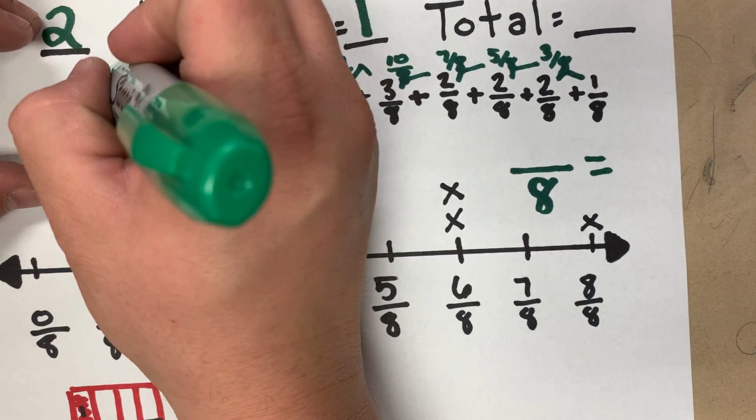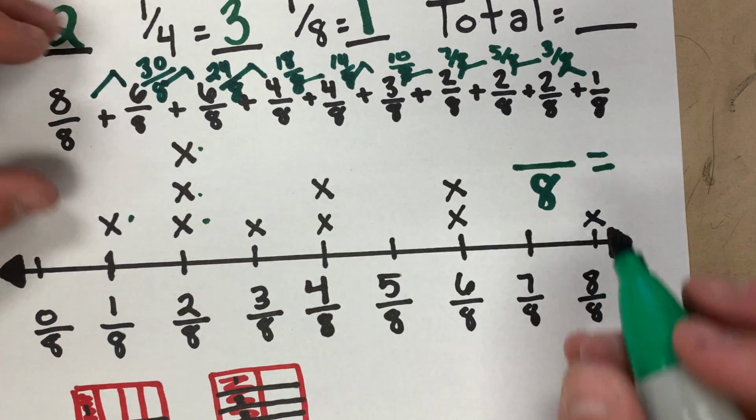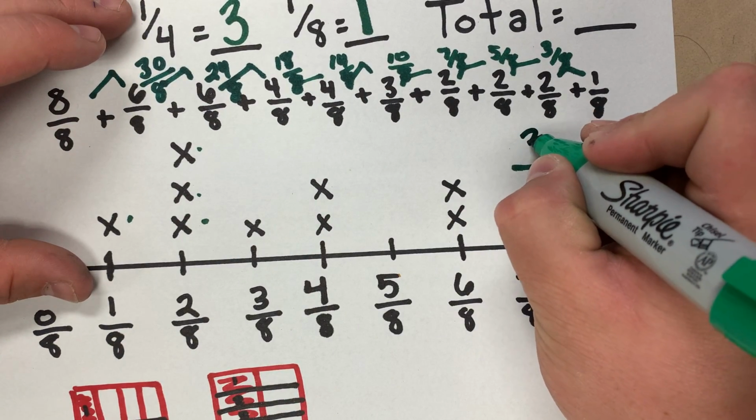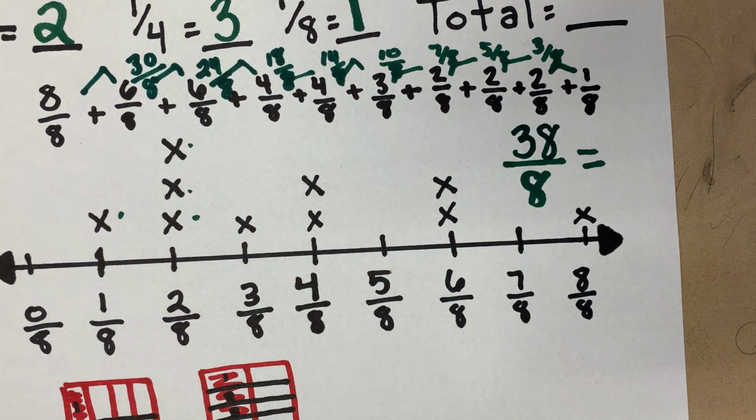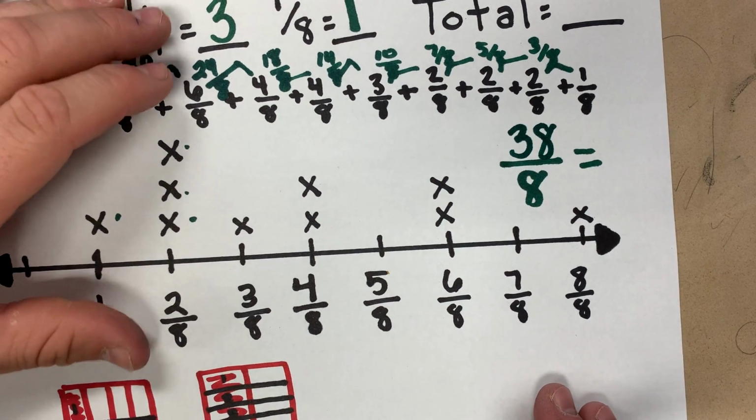And then finally, 30/8 plus 8/8 equals 38/8.